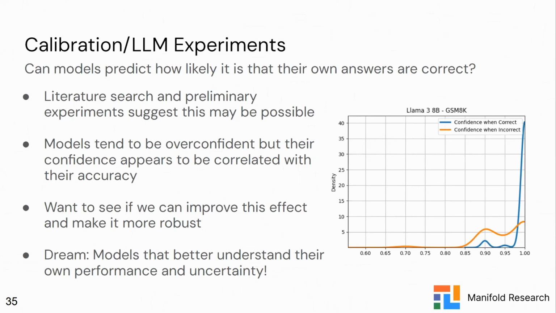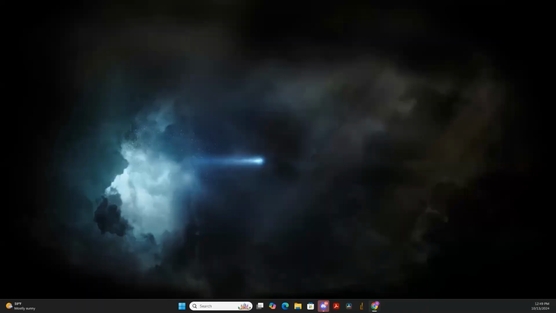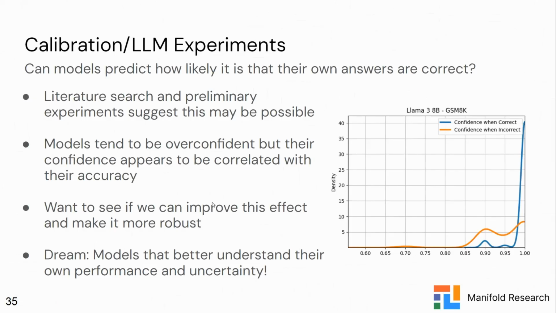Let's say I ask a model, what is the capital of Massachusetts, and it says Houston. What I would like the model to give me, along with that answer, is an associated probability. Hopefully it gives me a low probability, say 20%, or maybe it says Boston and it says 95% probability of being correct.